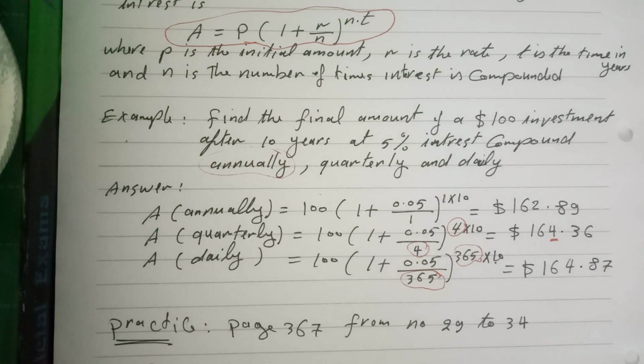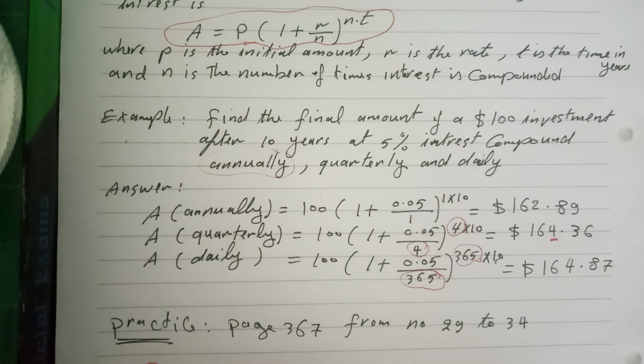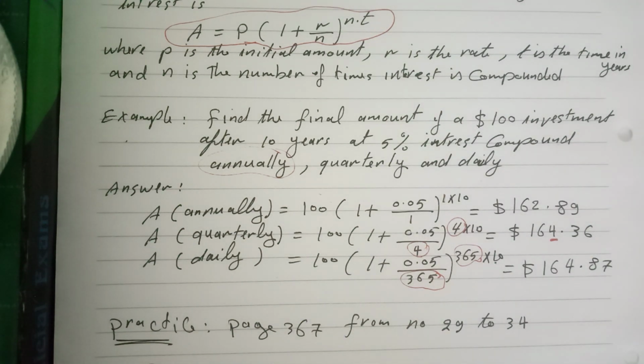Let me take myself, for example, 34. A equals 1,800 at 6.65%, means 1 plus 6.65%.